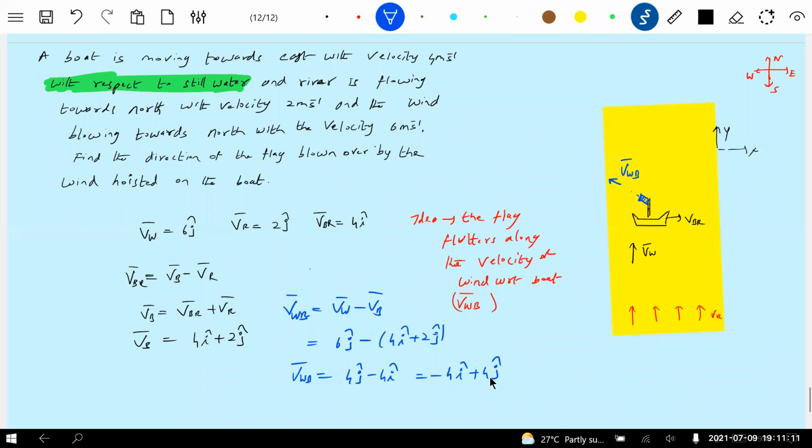So the flag flutters in the direction of velocity of wind with respect to boat. Hope everyone is able to understand. In this small diagram, the orientation of the flag should be along VWB bar. It's not exactly correct because it should be a 3D diagram, which is not possible for me to show, so to some extent I'm just presenting it like this.